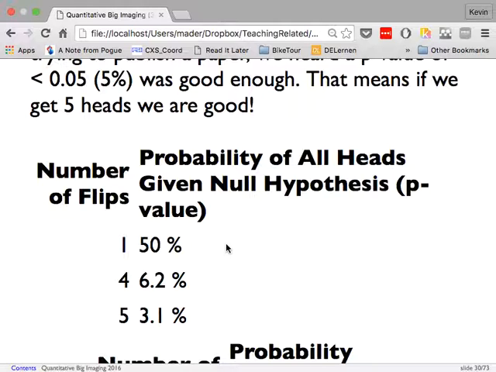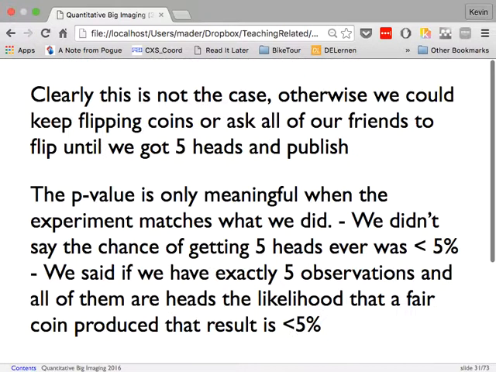So I simply start flipping a coin and flip it until I have 5 heads in a row. And once I have 5 heads in a row, I can stop because that's statistically significant.